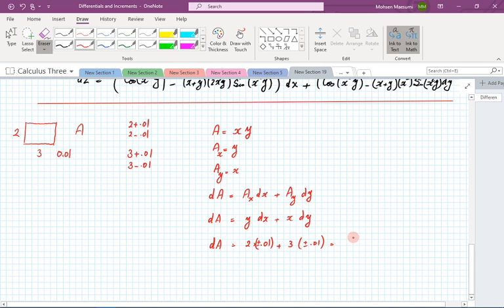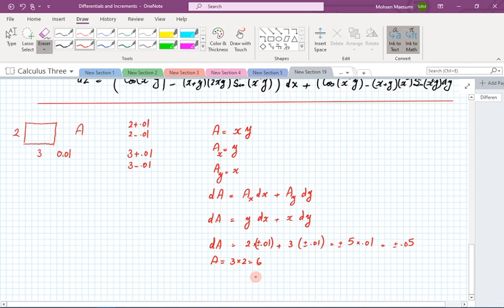So it becomes 5 times 0.01, so that became plus or minus 0.05. So we can say the area, which we would have normally calculated as 2 times 3 or 3 times 2 as 6, but now we can say the true measurement is somewhere between 6 plus 0.05 and 6 minus 0.05.